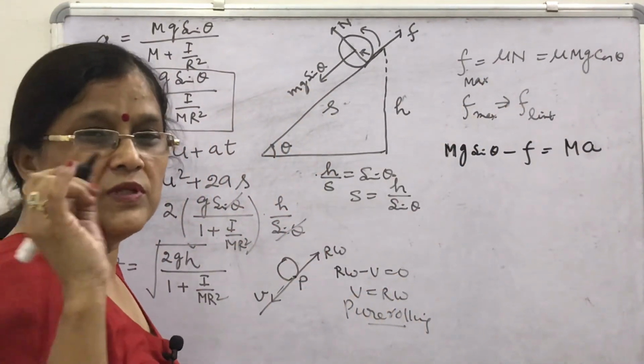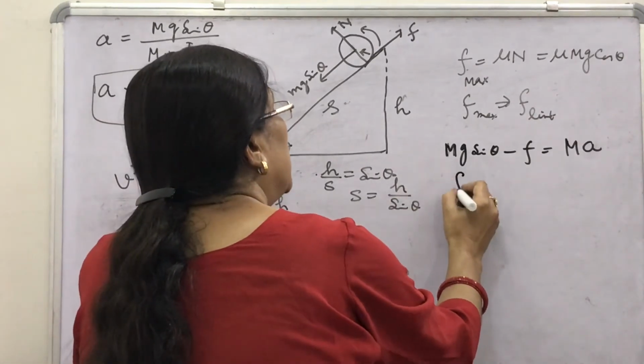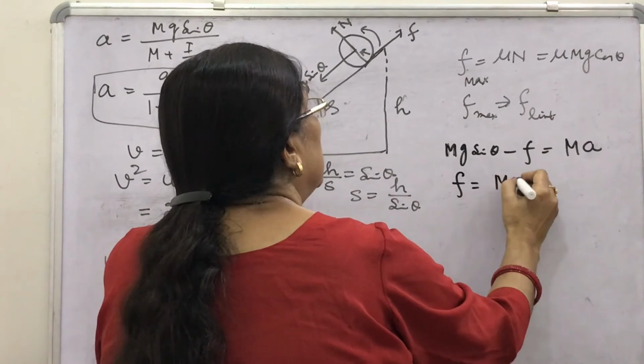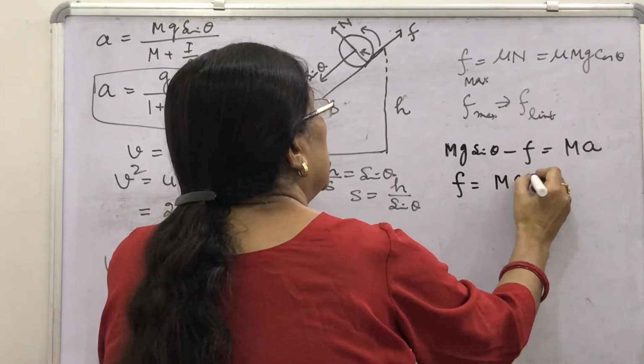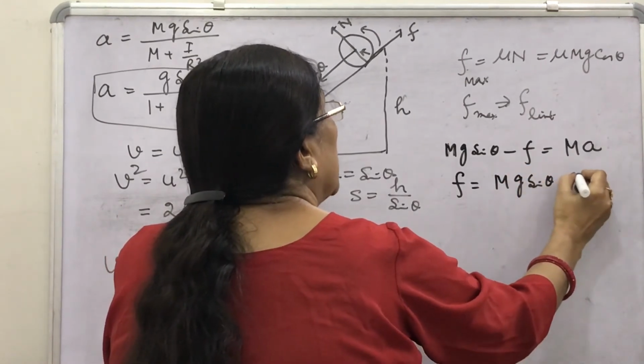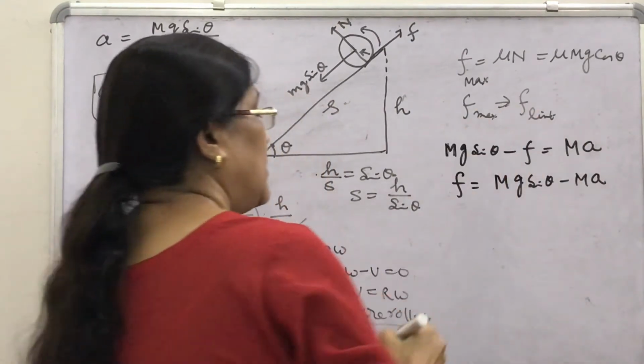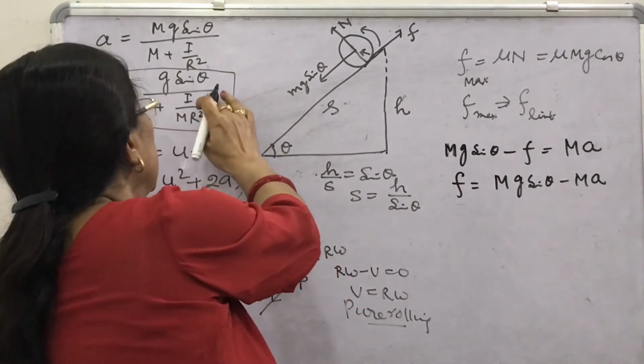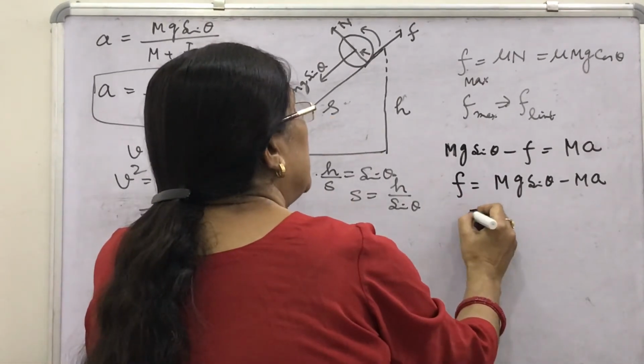And from this expression, if you find F, you can find F as mg sin theta minus ma. If you put the value of a here, what will this be?